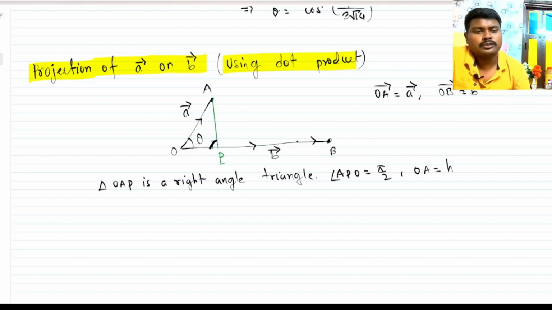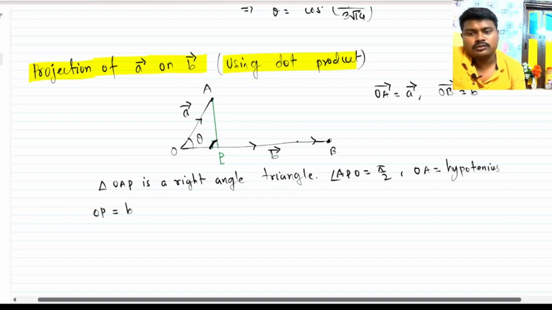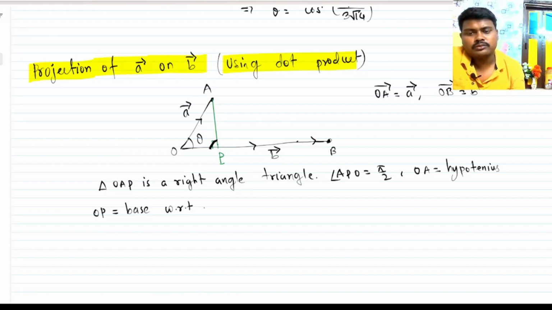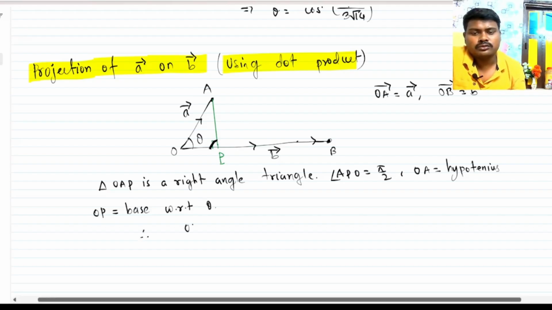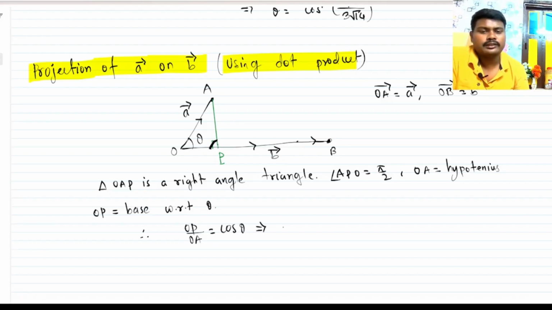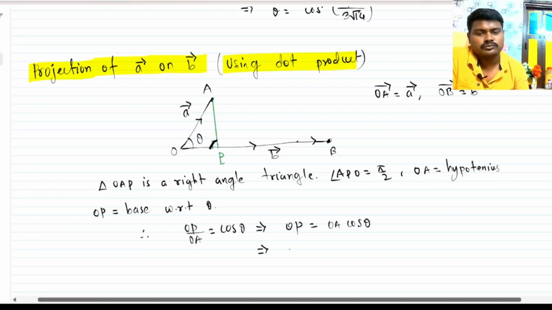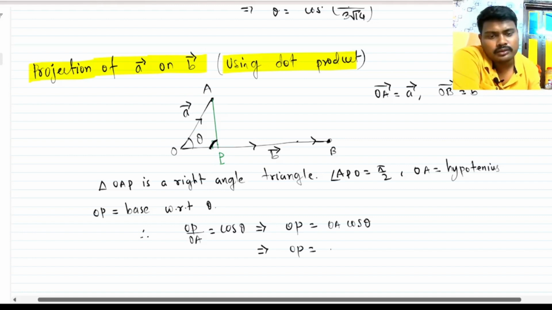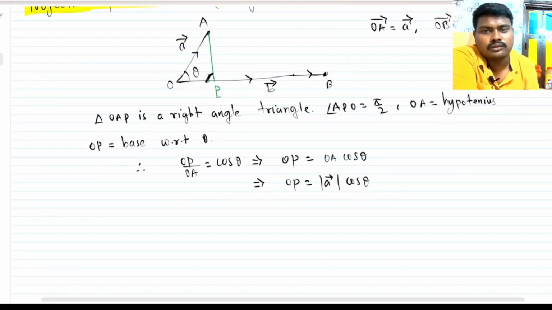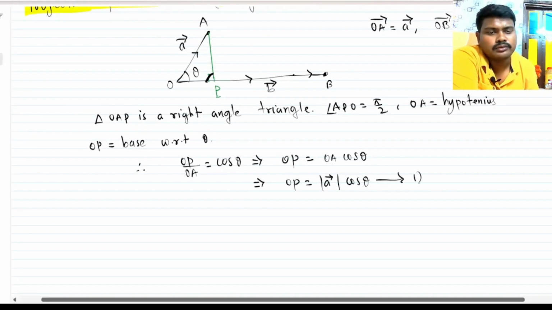OA is the hypotenuse and OP is the base with respect to the angle theta. Therefore, OP by OA equals cos theta. This implies that OP equals OA cos theta, and OP equals mod a cos theta. Consider this as equation 1.